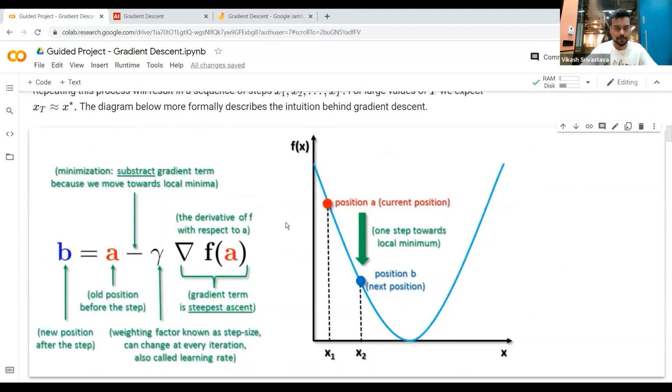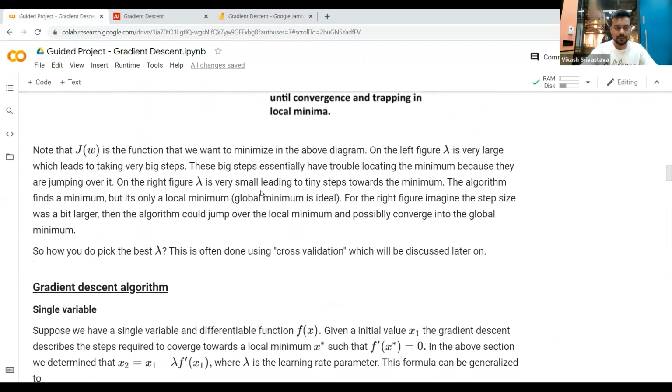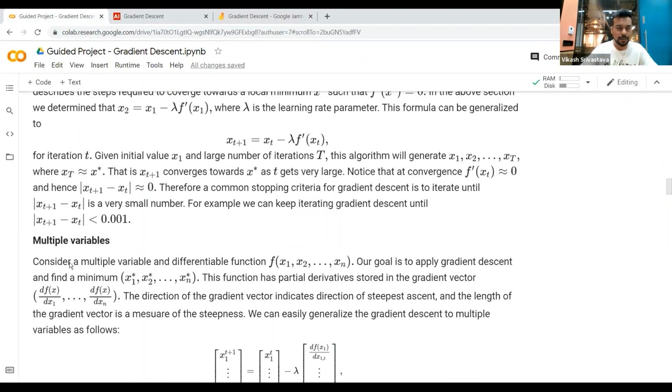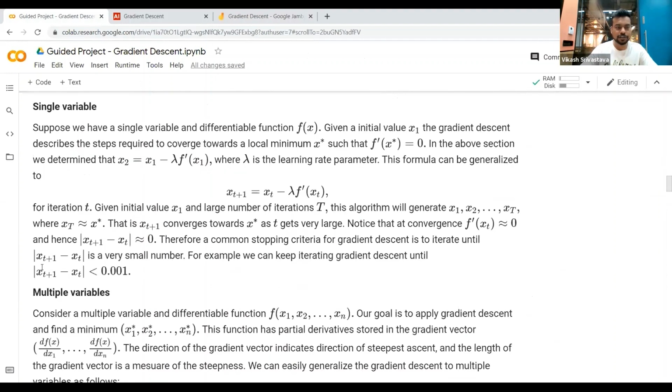Right, so the convergence will be given by this particular condition, right? So let's say when we are iterating, the update or the difference between the next x and the previous x, if that is very less than a particular number, right?